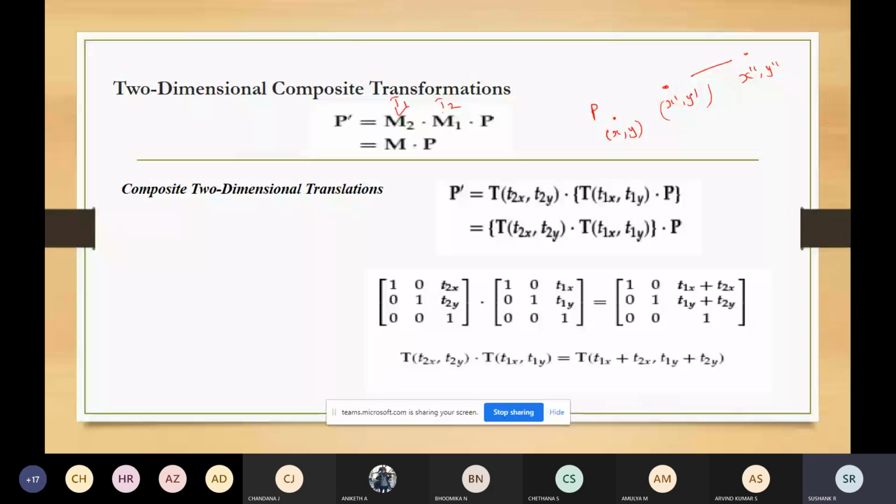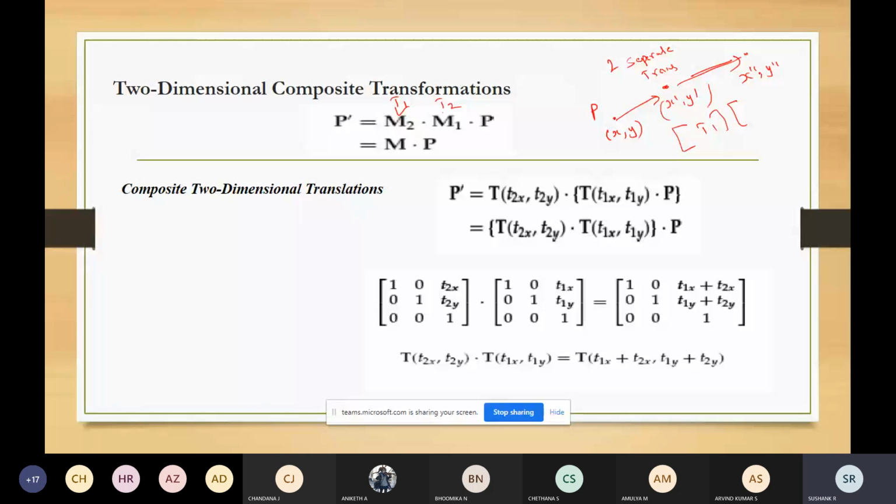Instead of performing two separate translation operations, I can multiply the matrices, because the first move can be represented as t1 and the second as t2.